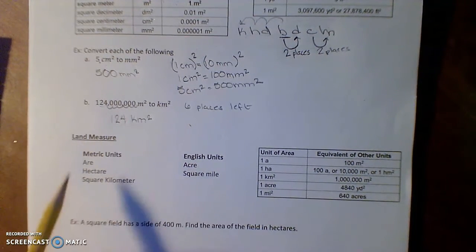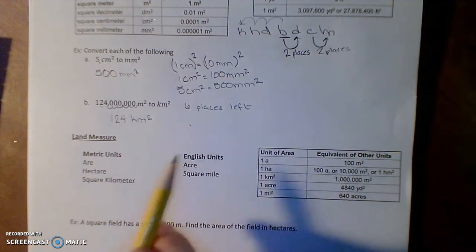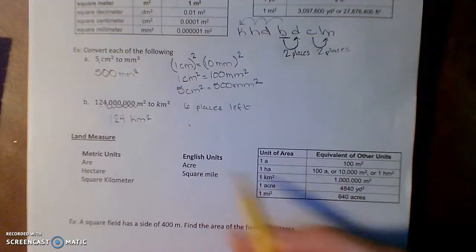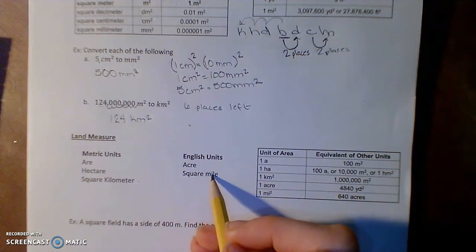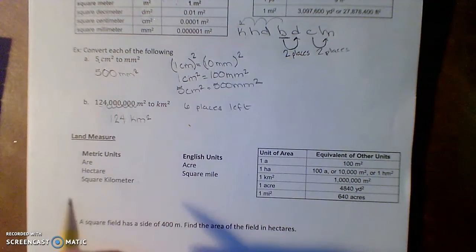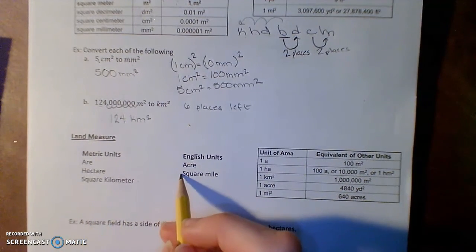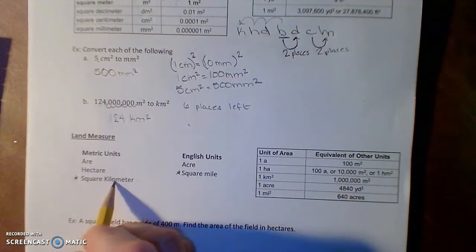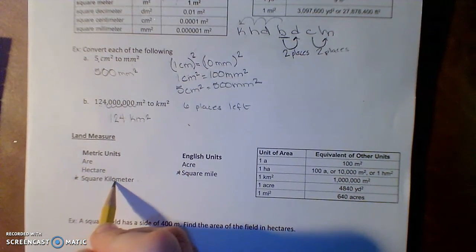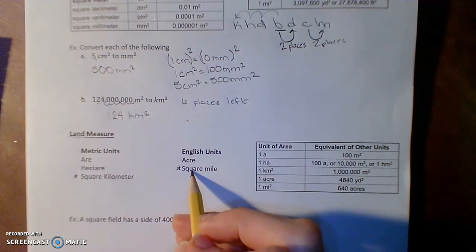All right, so now these are some units that we use in land measure. So the typical ones that you'll hear about are square kilometers and acres and square miles. Now, beyond this, there are 2 other metric units. These two here have one-dimensional analogs, right? A square kilometer is a square with side lengths of 1 kilometer on each side. So a kilometer was the one-dimensional analog. Same thing with square miles.